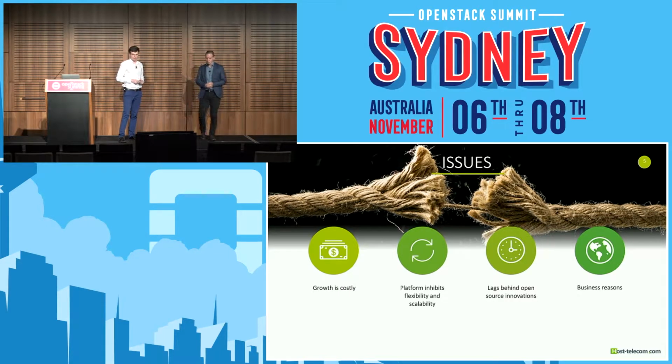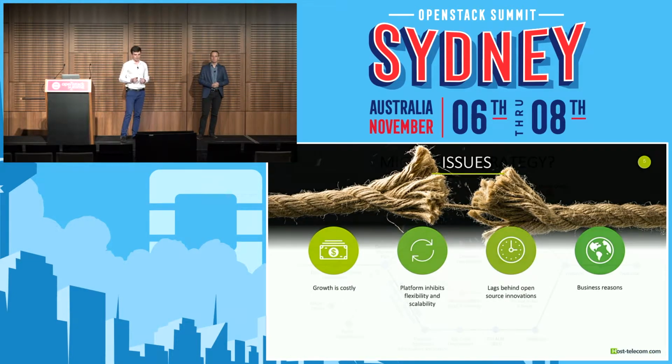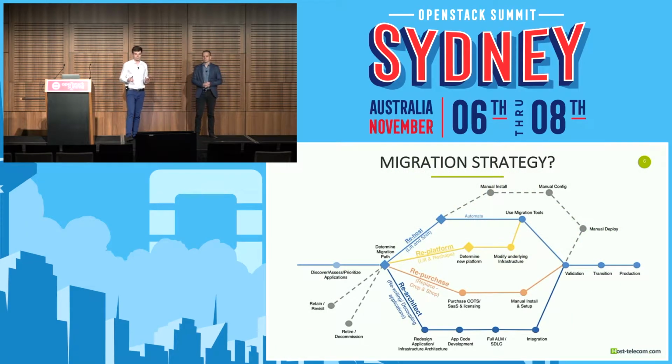And the last one, it can be business or political reasons. So, do you want to save your money? You need to migrate. So let's take a look at migration strategy. Migration is not simple. You have to buy a whole new platform and create a new architecture, resetting hosts and reconfiguring workloads.